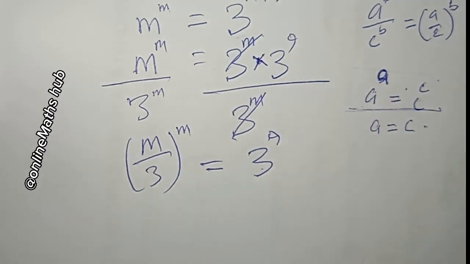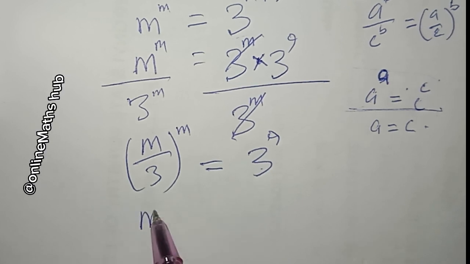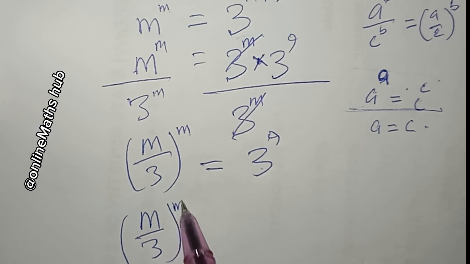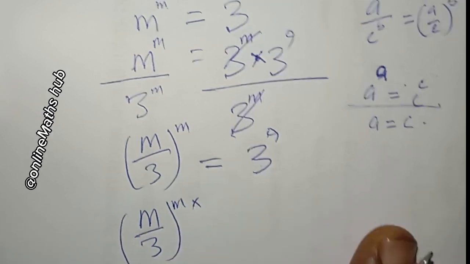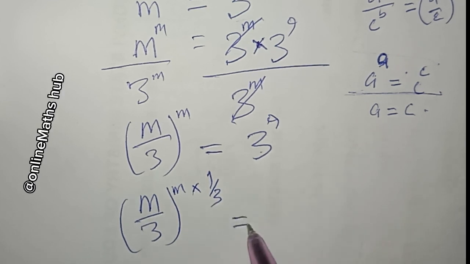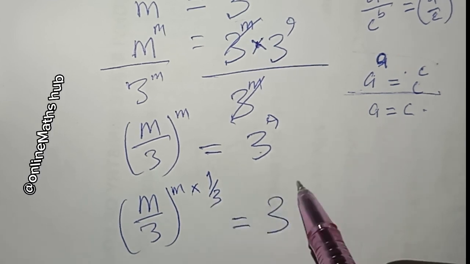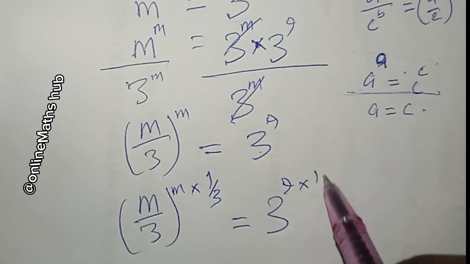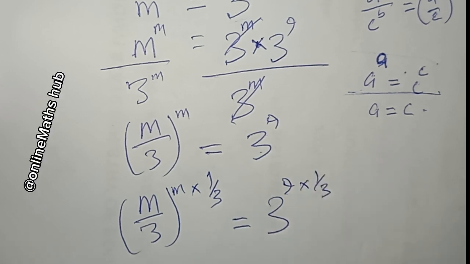So to achieve that, I am just going to multiply both sides by a power 1 over 3. So I have m divided by 3, and then power 3, then multiply by 1 over 3, is equal to 3 power 9, and then multiply by 1 over 3.